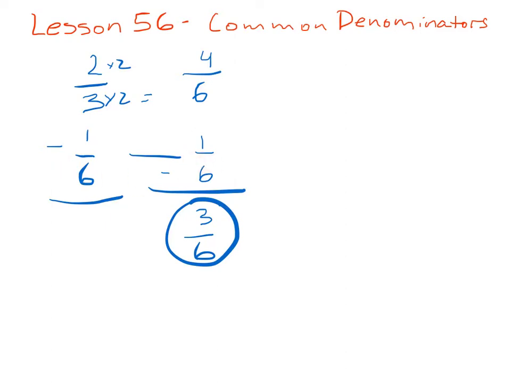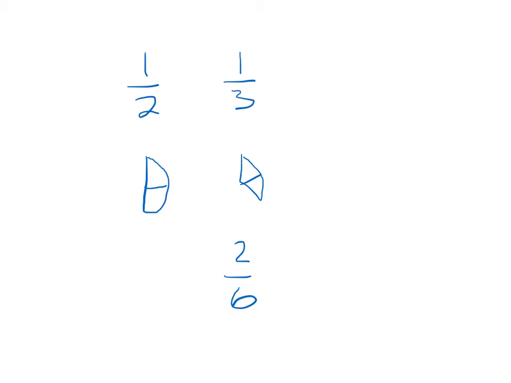In today's lesson, we are not going to be keeping either of the denominators the same. For example, if I had 1/2 and 1/3 of a circle, even if I kept dividing this up, I could make this into 2/6, and I could make this into 2/4.